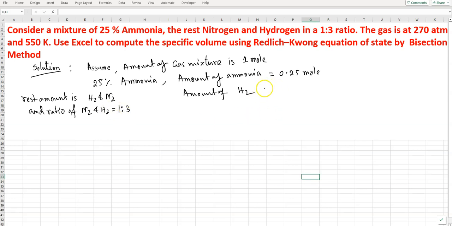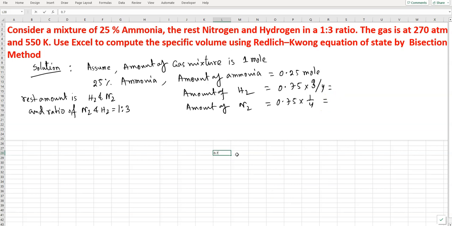So the amount of hydrogen is 0.75, that is the rest amount, times 3/4, since the ratio is 1:3.